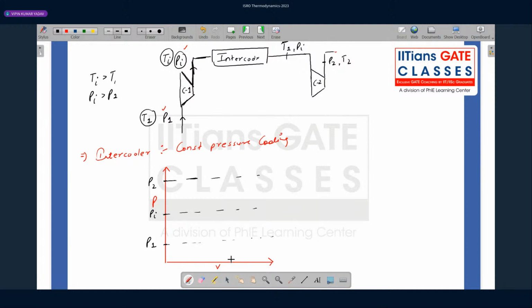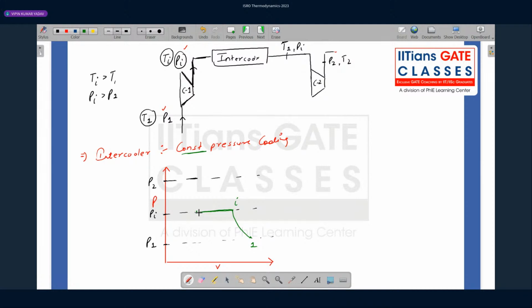First of all, what will happen? Compression will happen in compression one. How? Isentropic compression. So from one, you will go to intermediate pressure Pi. Now you do constant pressure cooling. Constant pressure means a horizontal line, and the temperature will reduce to Ti.